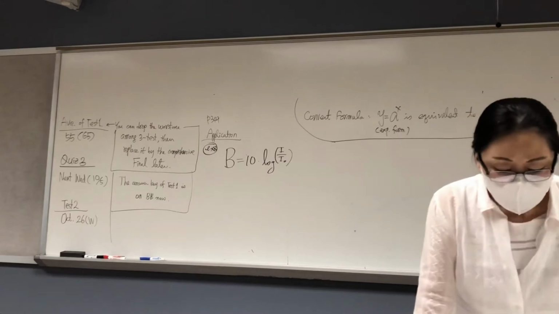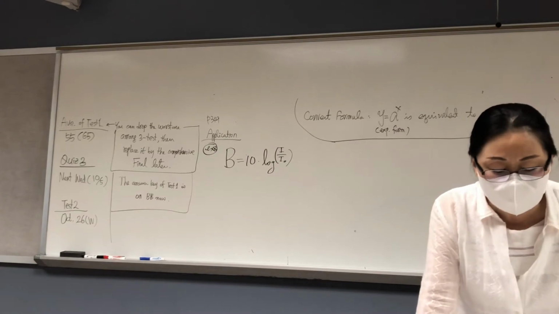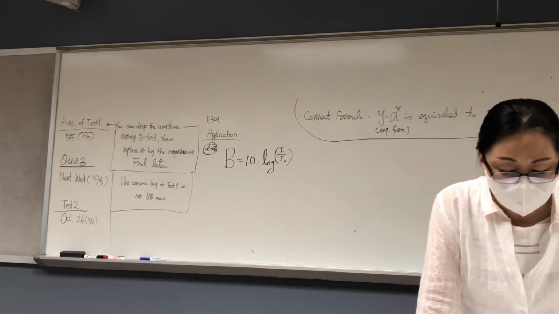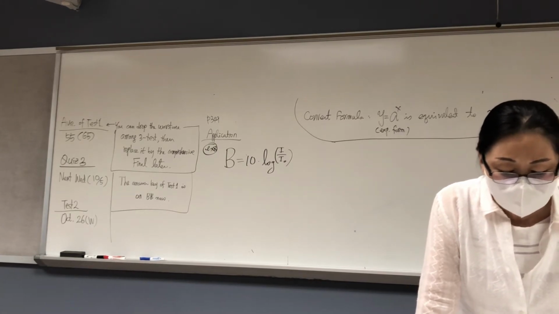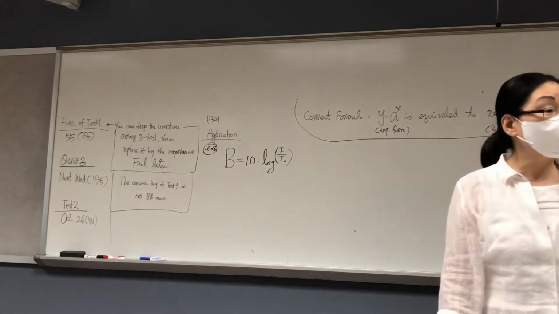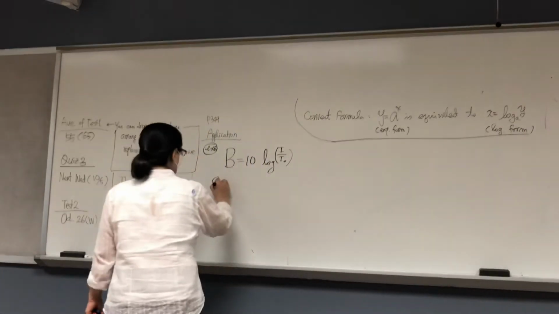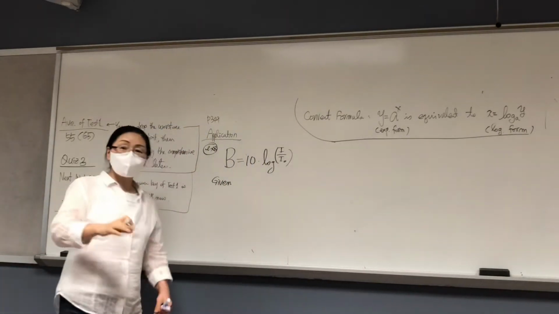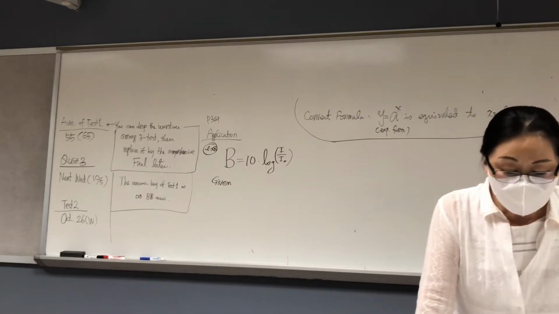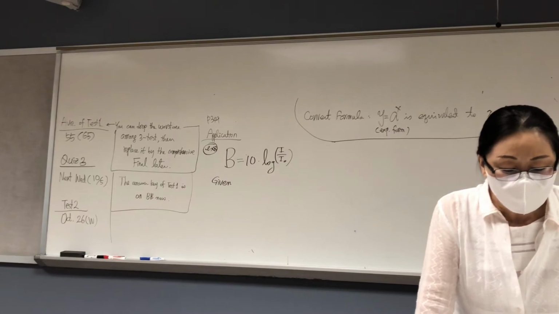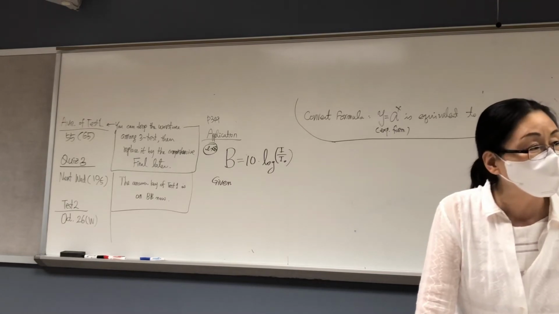Okay? Now the question: find the perception of loudness B when the physical intensity I is 100 times I0. Everybody has a book? I hope. What is given? You have to interpret it. Your book says: find the decibel level of a sound whose physical intensity I is 100 times that of I sub 0.